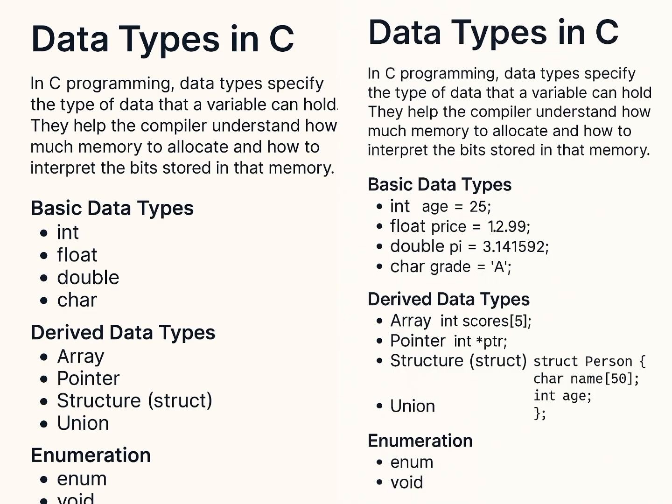So let us start with what data types are. In C programming, data types tell the computer what kind of data you want to store in the memory.